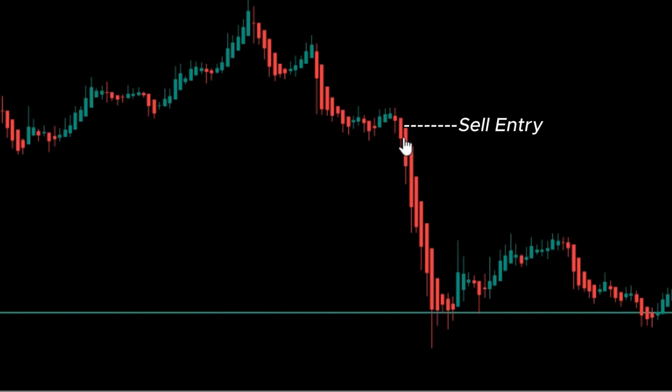As soon as this candle closes, we enter at the open of the next candle. For risk management, we place our stop loss just above the last swing high and our take profit at the previous swing low. Notice how the price moves downwards smoothly, confirming the trend continuation. This gives us a clean short scalp trade with minimal risk, entering only when the momentum is strong and the trend is clear.